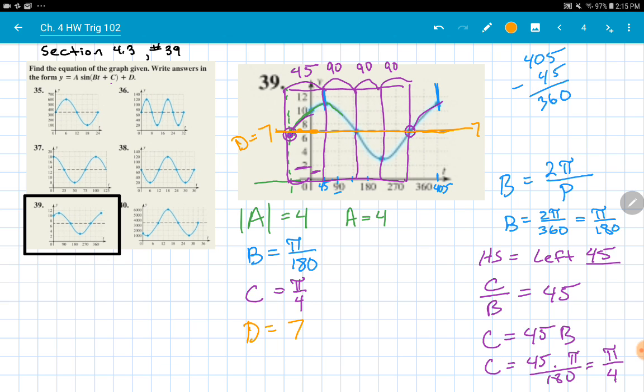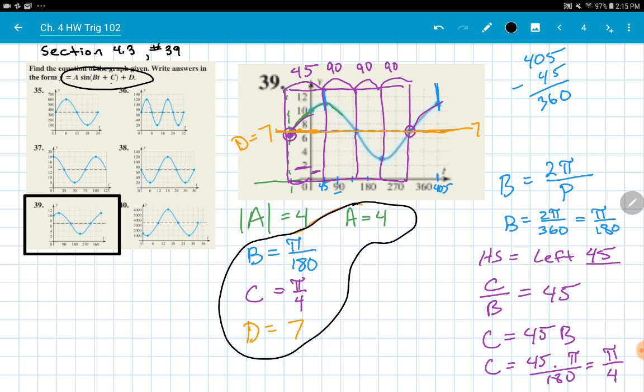Now that I have all 4 of these parts, I can plug that into this formula.